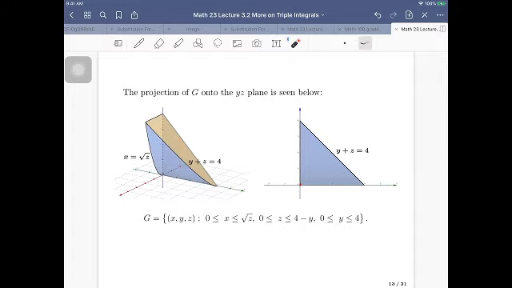So let's start our analysis. First, how do you get the equation of the boundaries of the projection onto the xy plane? This curve is the curve of intersection of these two surfaces, and we want a projection onto the xy plane. What does that mean?